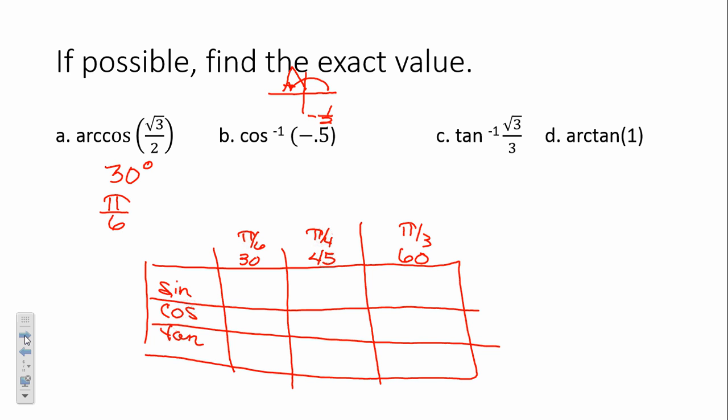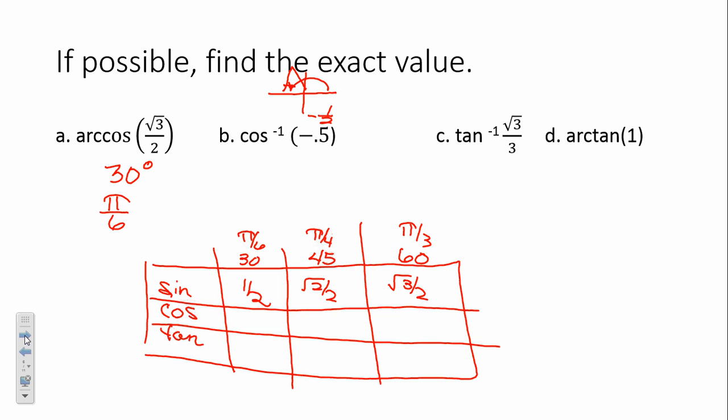What is the sine of 30? 1/2. Sine of 45? Square root of 2 over 2. Sine of 60? Square root of 3 over 2.